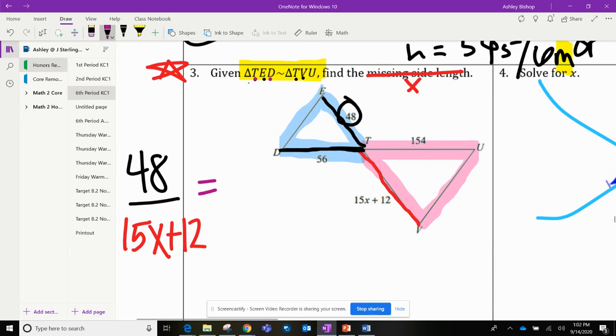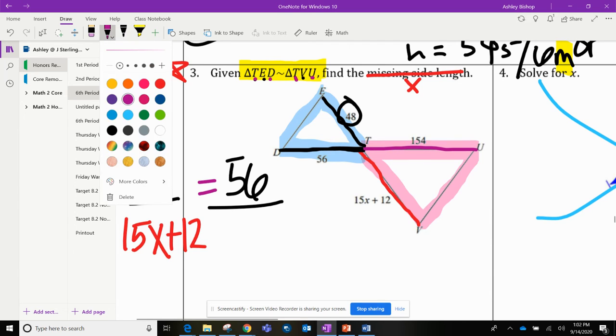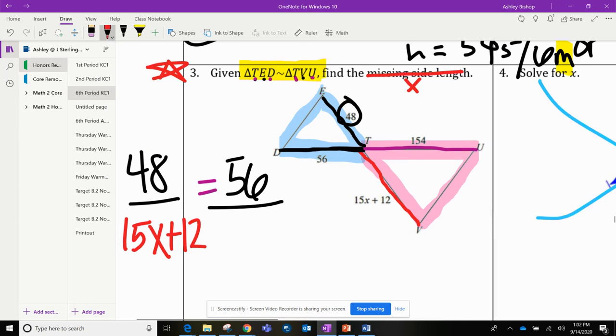So that's cool. And then I'm going to go find the first letter in my other triangle and the last letter of that one as well. So first and third, that gives me side TU. So here's side TU. So then these 2 sides are proportionate. So 56, which came from my blue triangle, is proportionate also to 154.